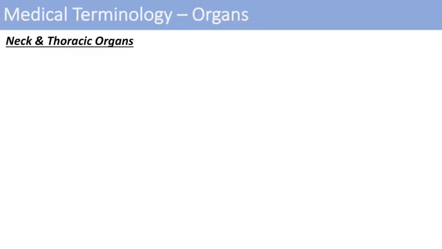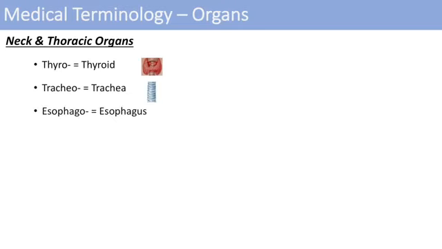So the next organs I'm going to get into are the neck and thoracic organs. Starting with your thyroid, thyro is the prefix for that one. Tracheo for trachea. Esophageo or esophago for esophagus.